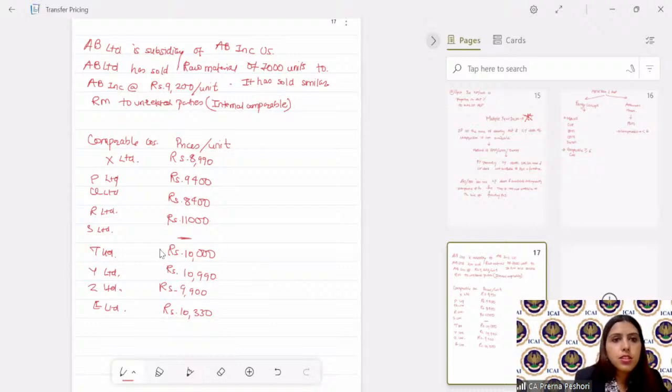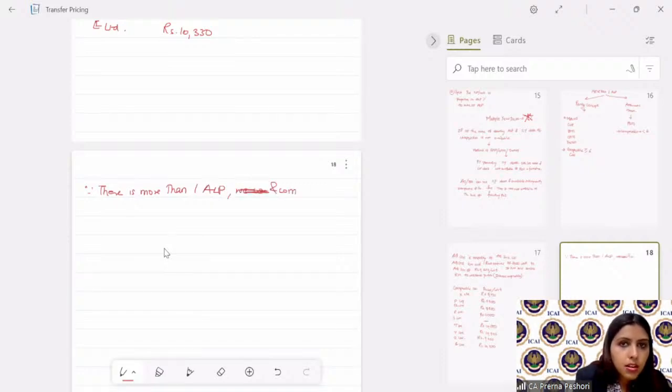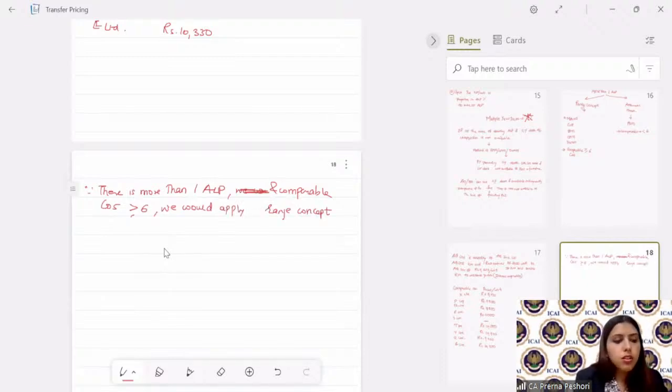Now, what we'll write is: since there is more than one ALP and comparable companies are greater than 6, we would apply the range concept. Now, what happens in the range concept?